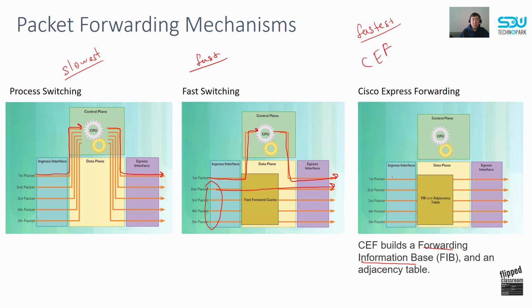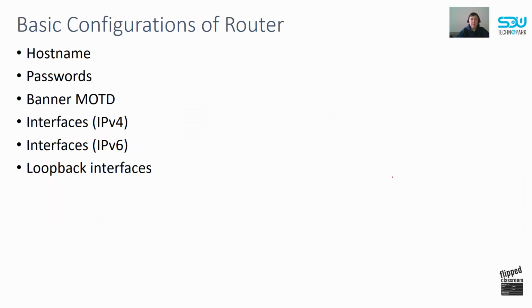And when a packet comes to any direction which is known by the router, it is immediately able to just resend it without doing this research of where to resend the packet, how to find the exit interface, and so on. So we have three mechanisms of packet forwarding.